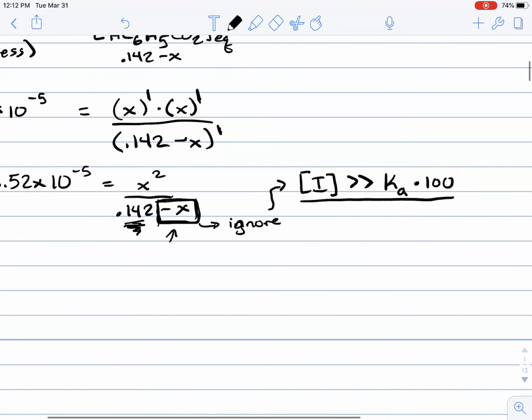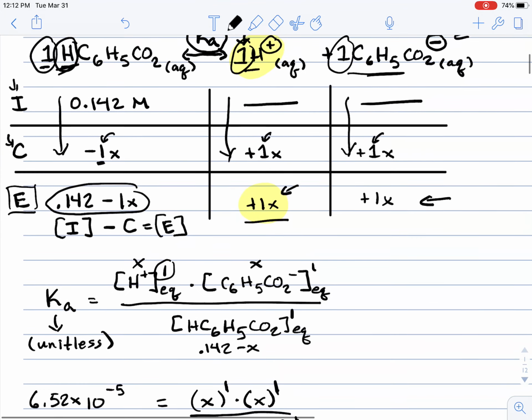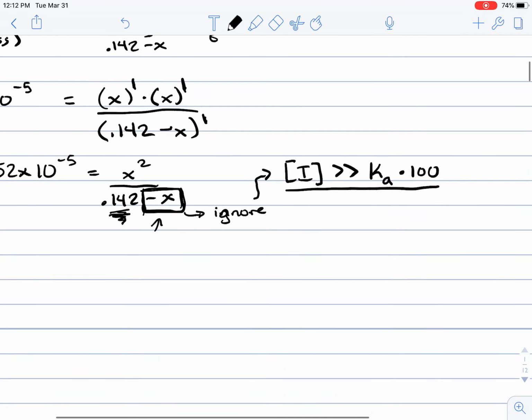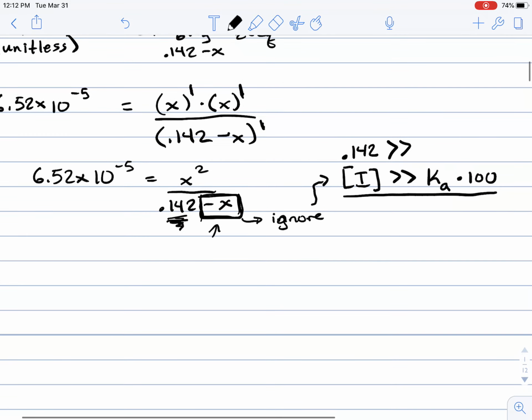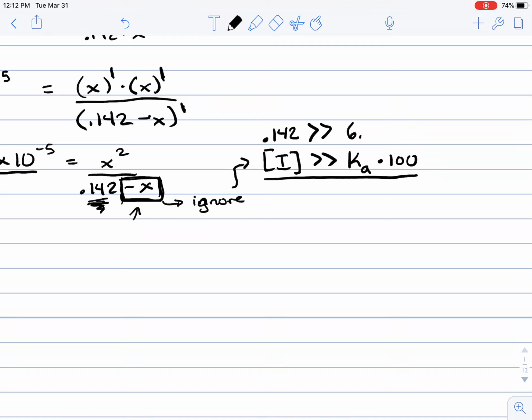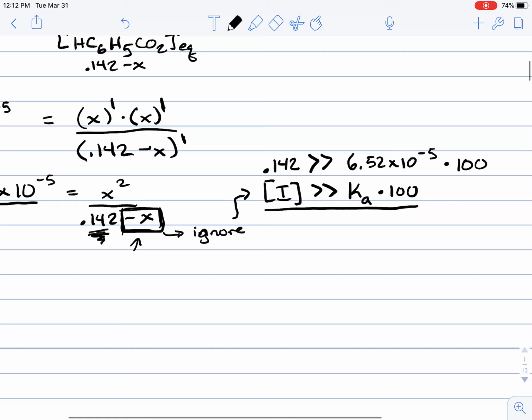Our initial concentration is going to be 0.142 molar, so I'm going to put in 0.142 molar at the very top. My Ka value is 6.52 times 10 to the negative 5, and then this is going to be times 100. So I'm kind of working upwards here.